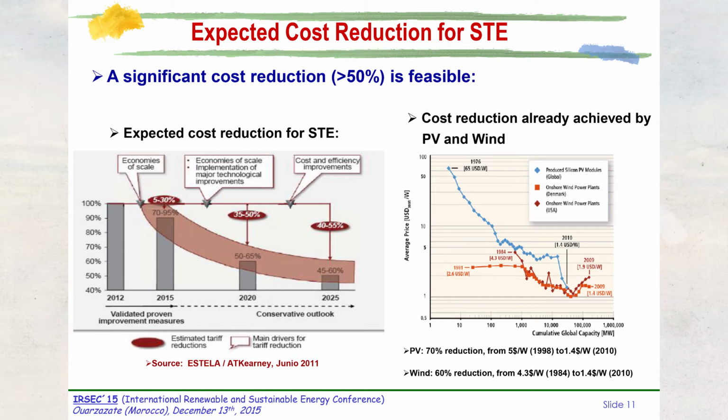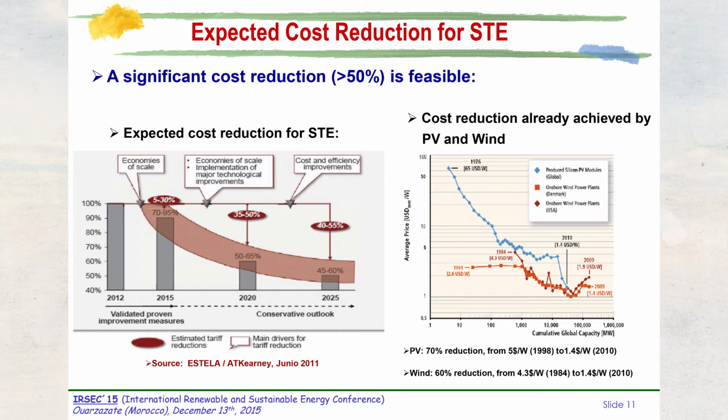And this is not just a guess. This is supported by a detailed study showing how we can reduce the cost of each component, how we can increase the efficiency, and so on. The conclusion from that study was that we can achieve this cost reduction easily in 20 years, so by 2025.